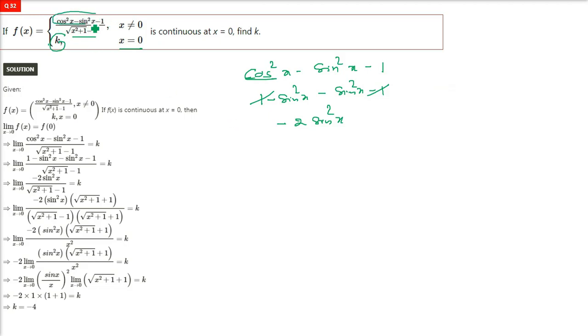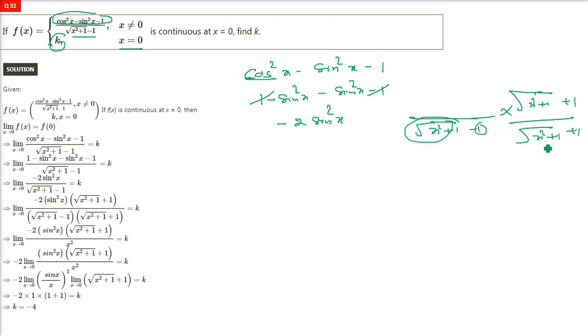Now the denominator. I've just taken the numerator; the denominator we have to rationalize. Under root x square plus 1 minus 1: multiply by under root x square plus 1 plus 1 in both numerator and denominator. Now this is a plus b, a minus b in the denominator, so a square minus b square, and we can remove the root: x square plus 1 minus 1, which is x square. The 1 gets cancelled.